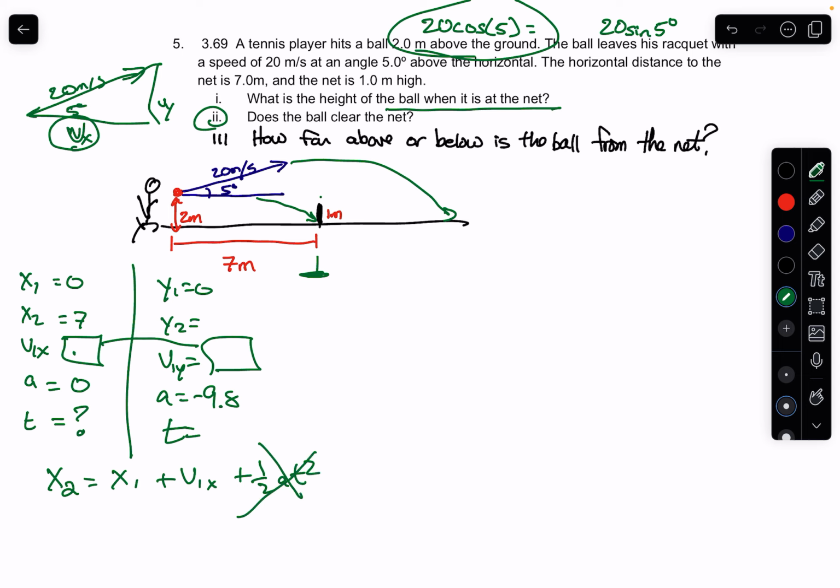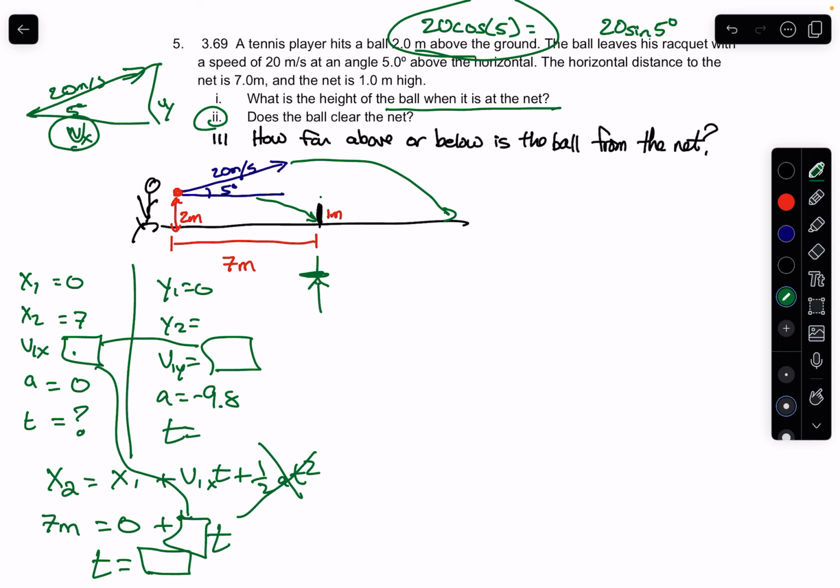But remember, the acceleration is 0, so that drops off. We know what x2 is. x2 is at 7 meters. I'm just trying to find time. So 7 equals 0 plus v1x times t. And whatever you got for v1x, you'll plug in here, and you're going to have some number. That's going to solve for your time. That's the time it will take to get to 7 meters.